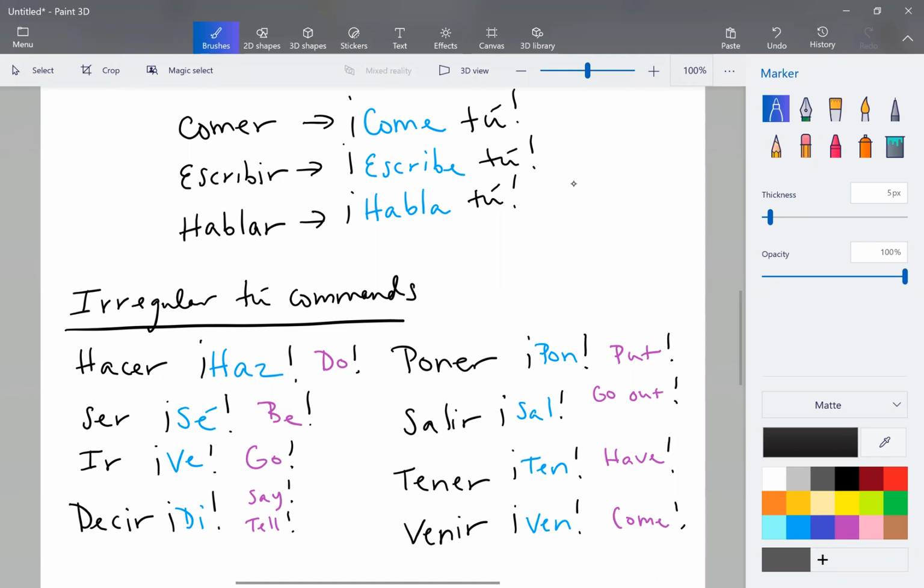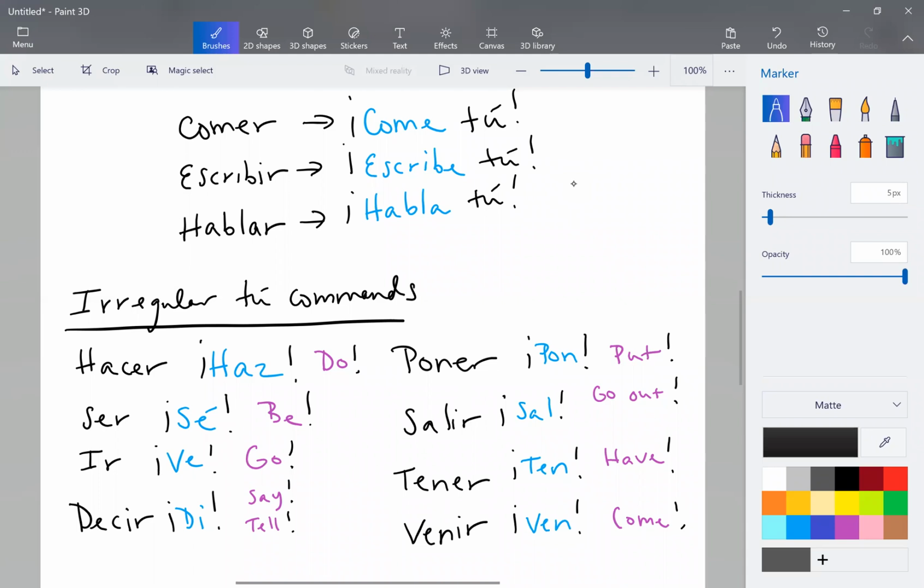Okay, so these 8 are irregular and you need to memorize them. Obviously, right now while you're doing work, you can look at your notes. But if you're taking Spanish 3 next year, it's very helpful to know these because they are a unit next year again.